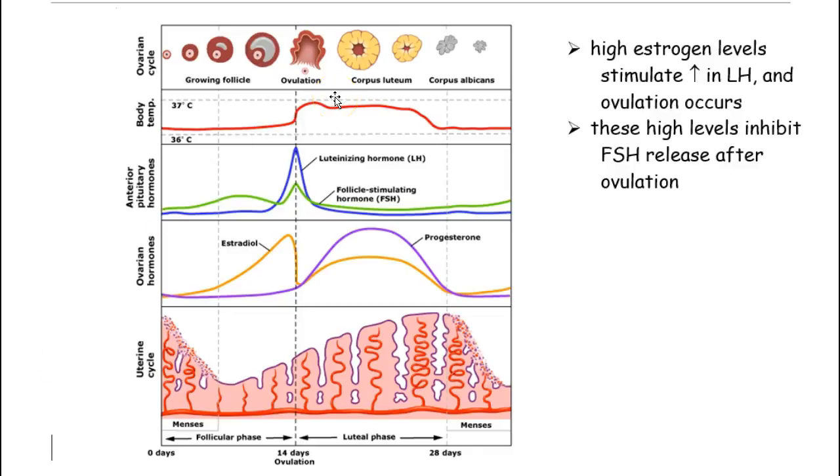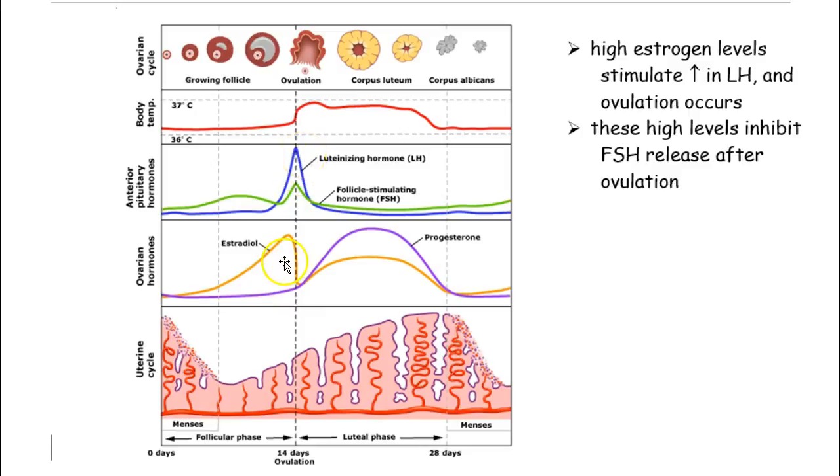Our high estrogen level that we see peaking right before ovulation is what signals our LH to rise suddenly, and the rise in LH is going to help with ovulation.